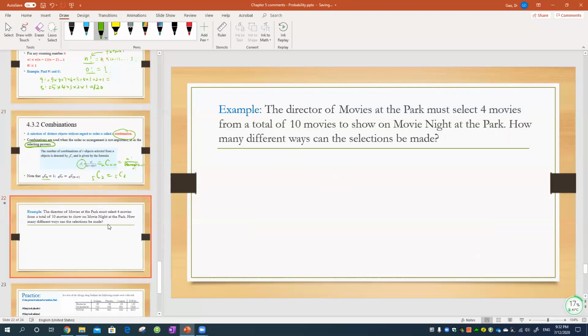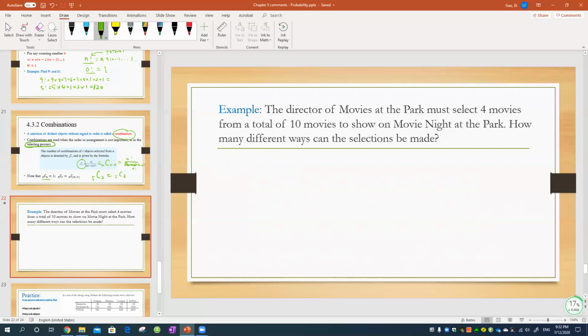Now let's look at an example. The director of movies at the park must select 4 movies from a total of 10 movies to show on movie night at the park. How many different ways can a selection be made? Different ways, selection, so we don't really care about the order.